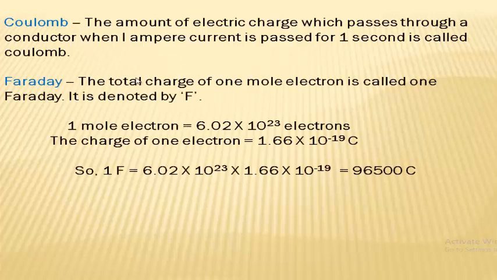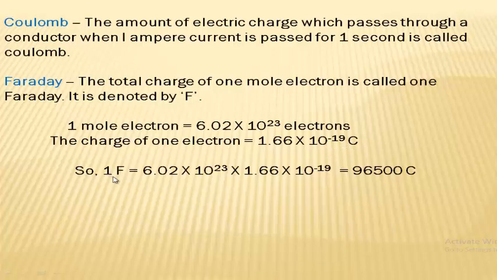Now Faraday: the total charge of 1 mole electron is called 1 Faraday, and it is denoted by capital F. So what is 1 mole electron? Avogadro's number of electrons, and we know that the charge of 1 electron is 1.6 into 10 to the power minus 19 coulomb.